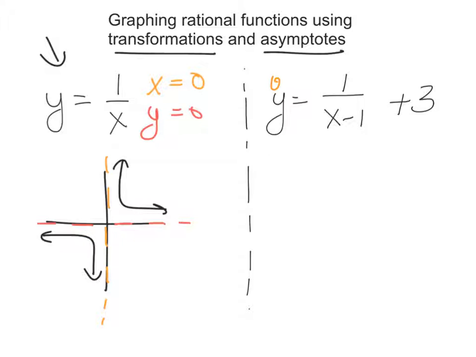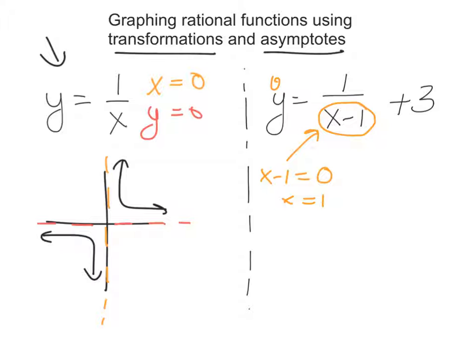Now in this example over here, if we were to find our vertical asymptote, we would do it in a couple ways. We could see that our vertical asymptote is going to occur when our denominator is 0. So where would that be? Well, what value of x would make x minus 1 equal to 0? Well, we can see that that would make our vertical asymptote at x equals 1. The other way to see it is through transformations.